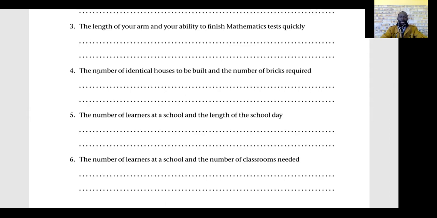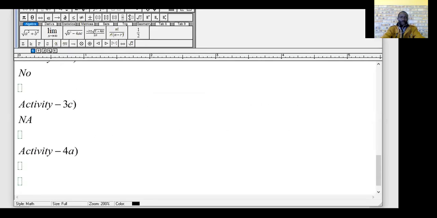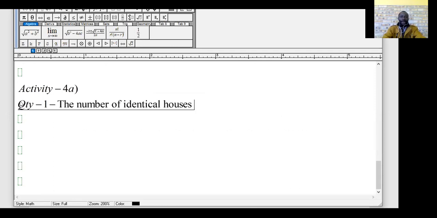The first one is the number of houses. We are going to write it as quantity 1, and quantity 1 is the number of identical houses.